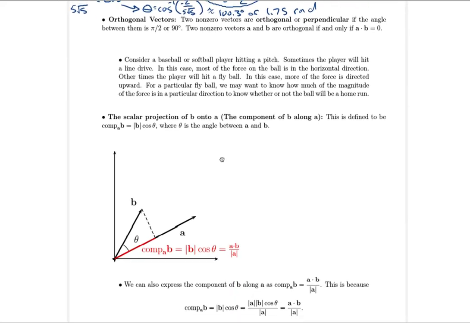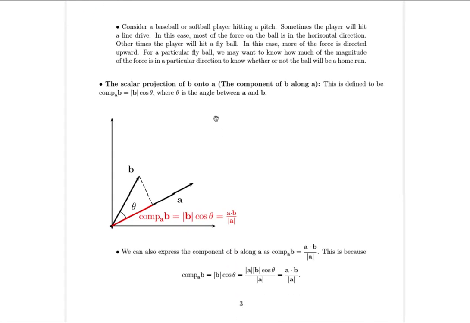All right, now in our notes here is a little blurb about hitting a pitch. If we consider a baseball or softball player hitting a pitch, sometimes the player hits a line drive. In a line drive, most of the force of the ball is just in the horizontal direction. But other times the player hits a fly ball. In that case, more of the force is directed upward than with a line drive.